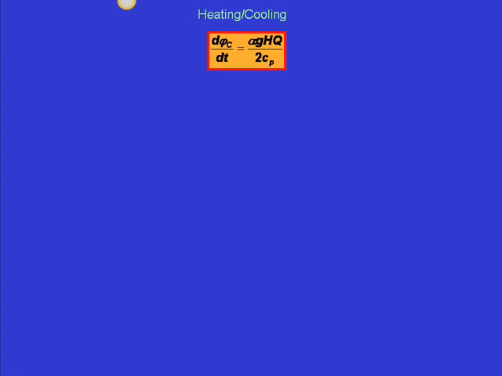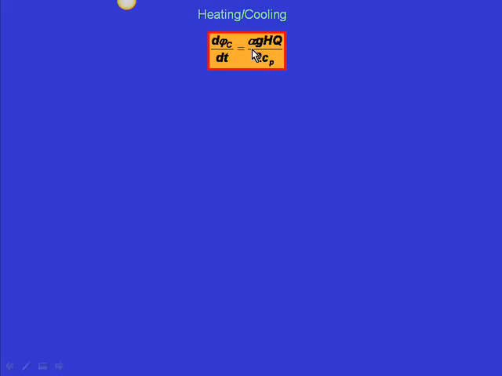Remember we said power per unit area, watts per square meter. And notice that this Q, the heating or cooling rate, is also given in watts per square meter, which means that alpha times g times h divided by 2 Cp, their units must cancel out.